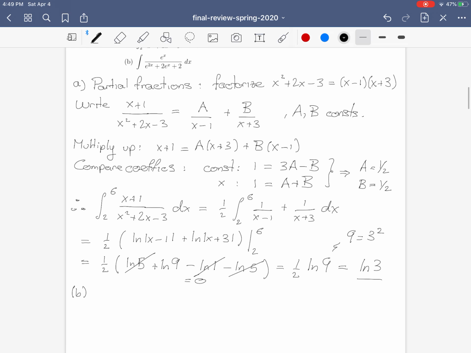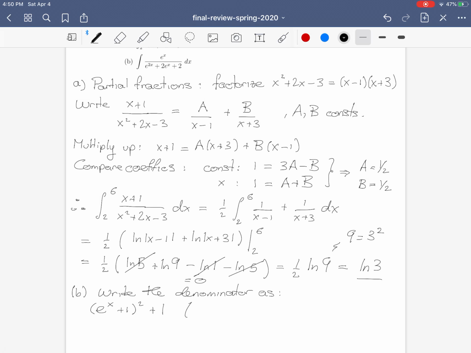So if I scroll back up, here we are asked to evaluate the indefinite integral of e to the x divided by e to the 2x plus 2e to the x plus 2 dx. The first thing I'm going to do is write the denominator as (e to the x plus 1) all squared plus 1.